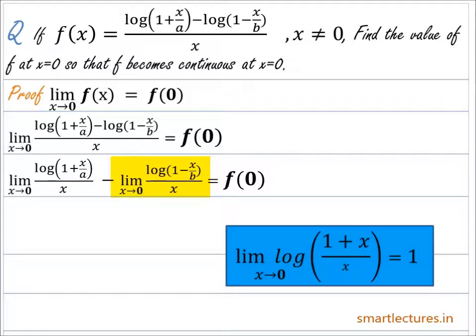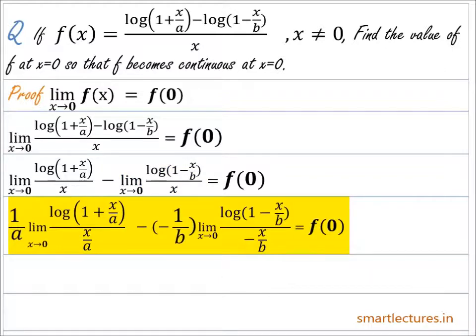So now this limit can also be written as 1 upon a into limit x approaches 0 of log of (1 plus x upon a) divided by x upon a, minus 1 upon minus b into limit x approaches 0 of log of (1 minus x upon b) divided by minus x upon b.